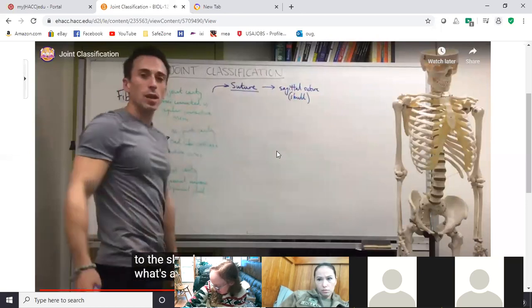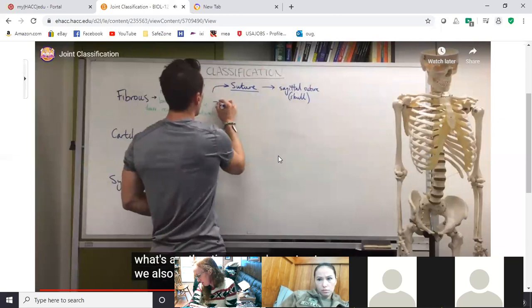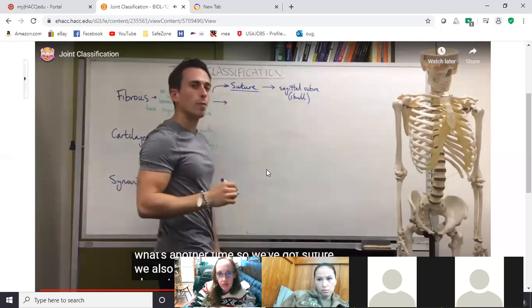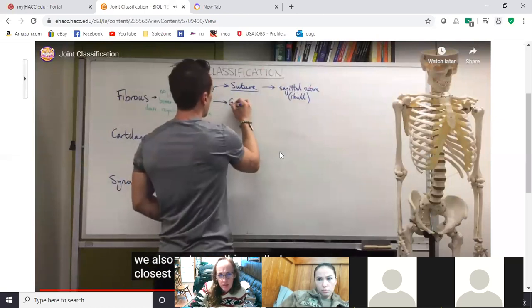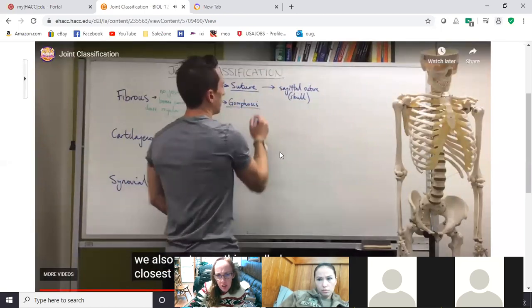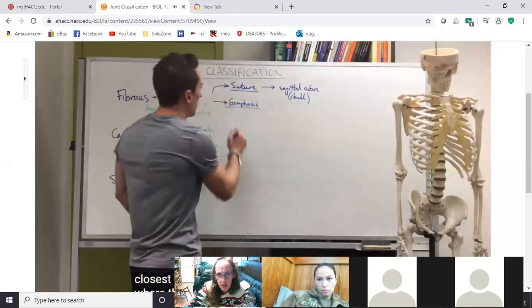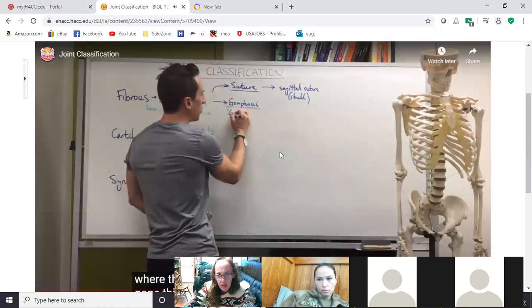Okay, what's another type? So we've got a suture, we've also got something called a gomphosis, GOMPHOSIS. Now, gomphosis. How do we know where this is found? Well, when you see gom, think of gum.